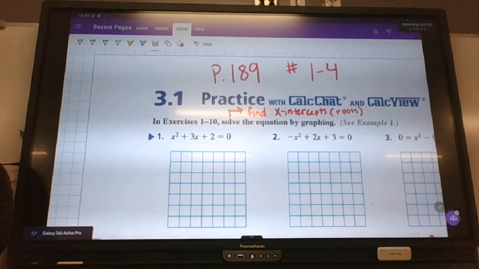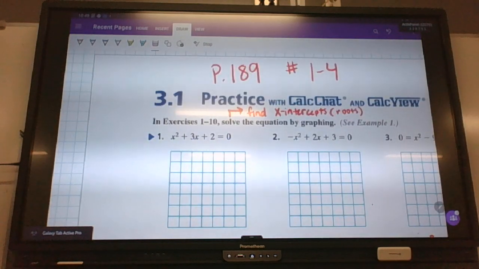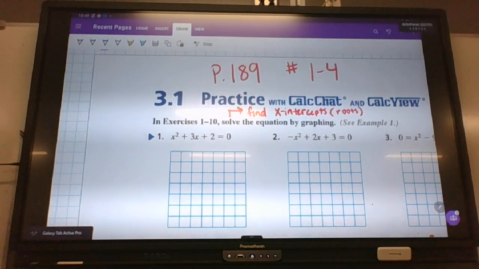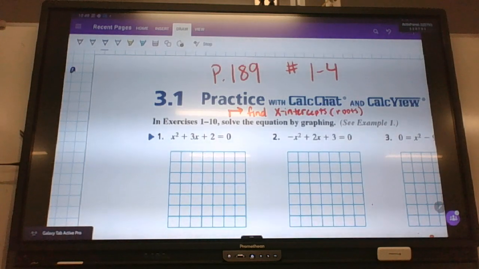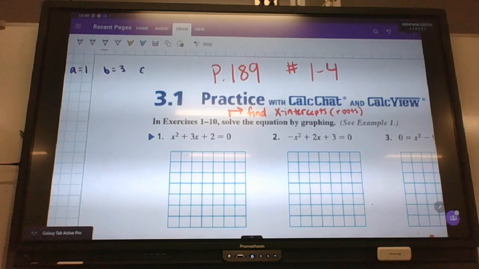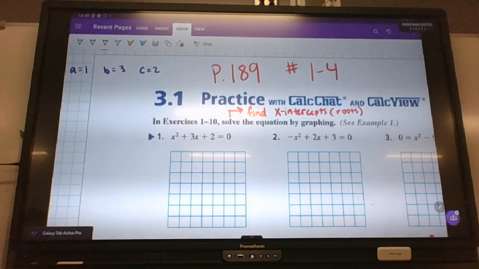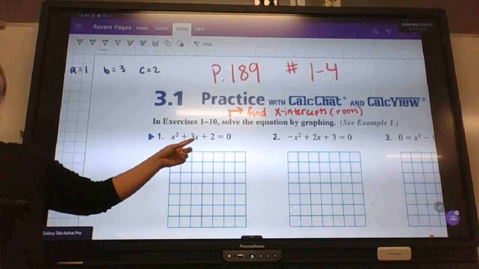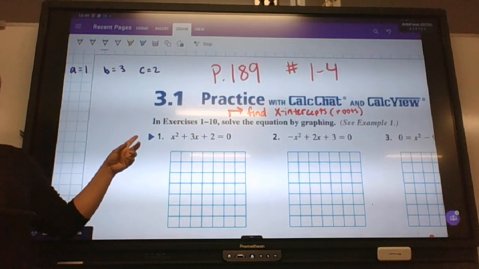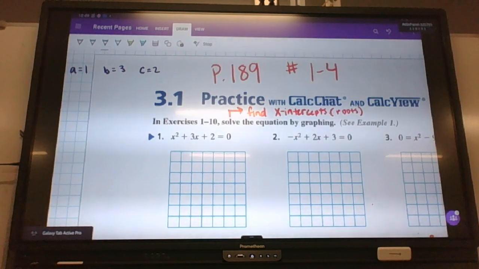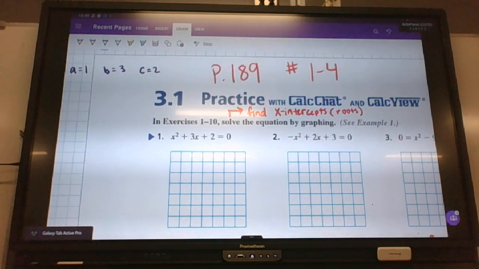Okay, so we're relying on past knowledge to get this graph done. I remember when we talked about graphing before, we labeled what A, B, and C were. We listed A, B, and C. 1, 3, 2 is A, B, and C. Yeah, good question.